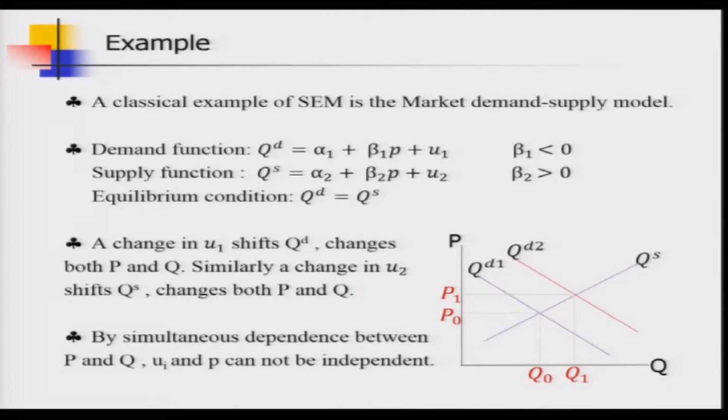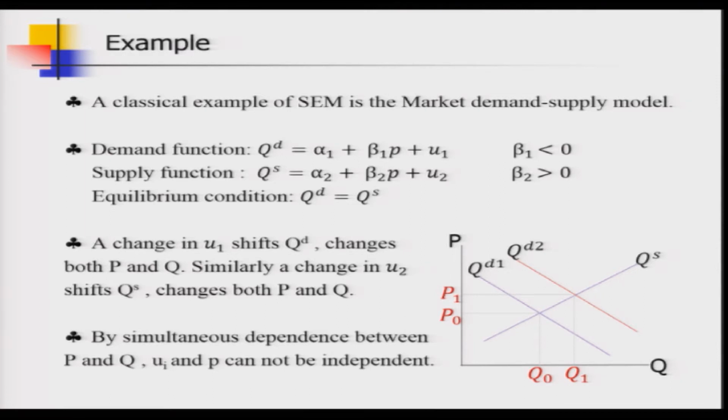Here we can see that Adam Smith's famous invisible hand principle for the market mechanism is represented through a simple diagram, where we have Q, the quantity bought and sold in the market, measured along the horizontal axis, and the market price measured along the vertical axis. Suppose QD1 is the demand function for time period 1 and QS is my supply function.